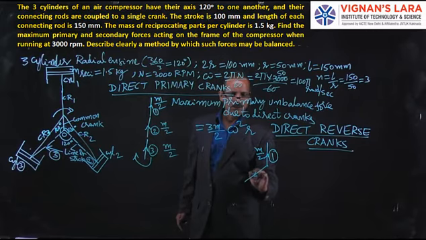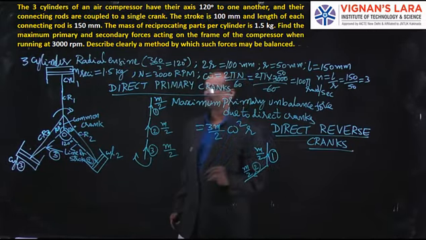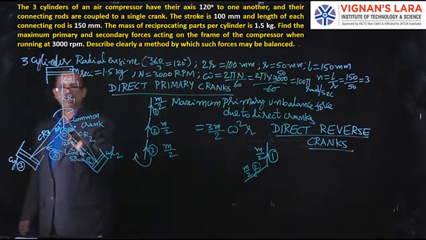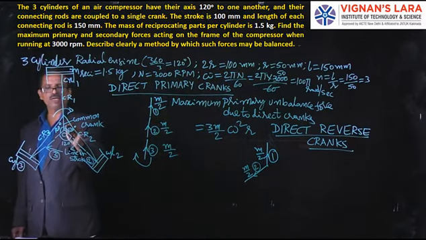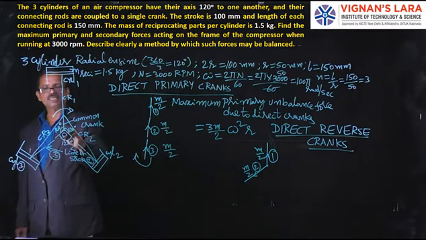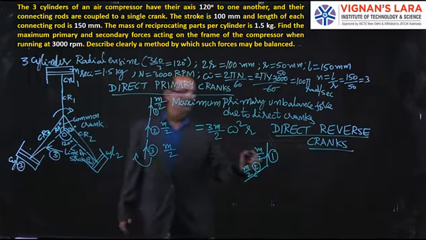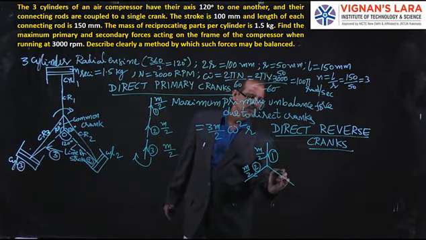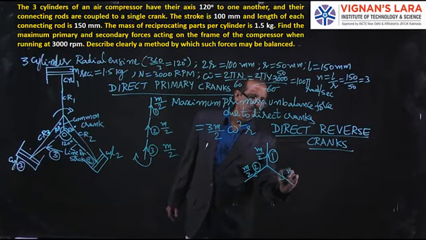This gives the m by 2 for the second one. Then coming to the third one, with reference to here 240 degrees anti-clockwise, then its reverse is clockwise 240 in this way. You get this is m by 2, okay, for the third one.